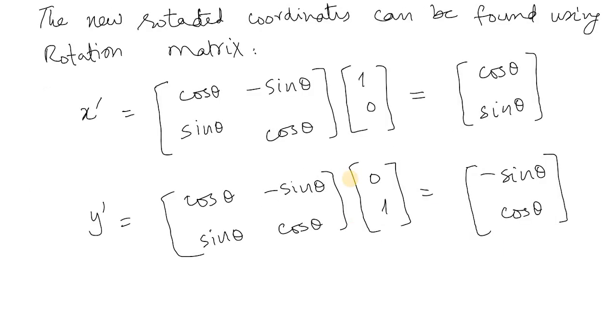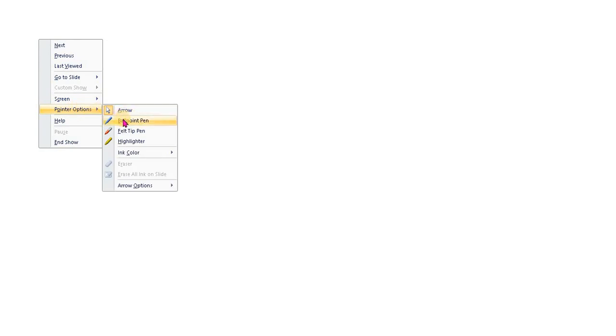Okay, now let's see how we can transform a coordinate from one frame to another frame. Transform a vector from one coordinate frame to another.